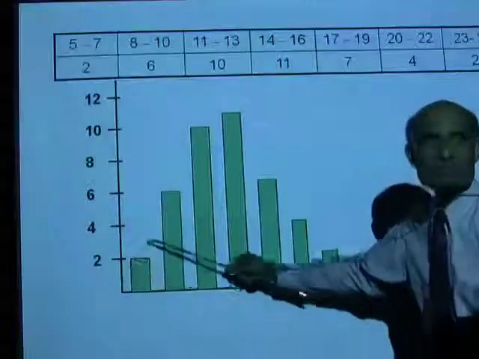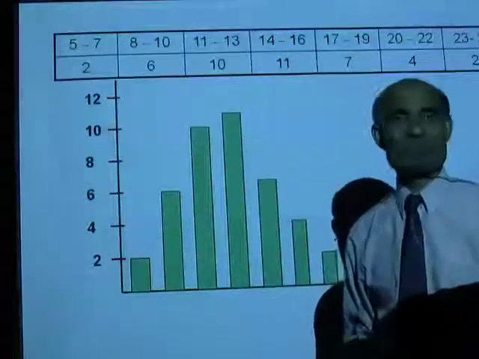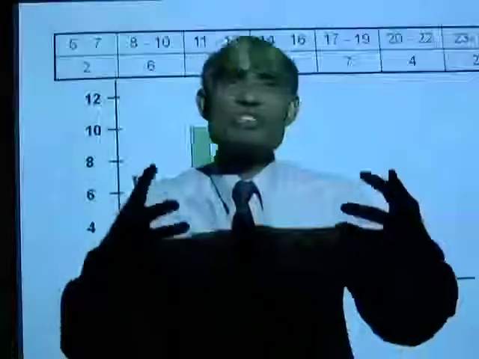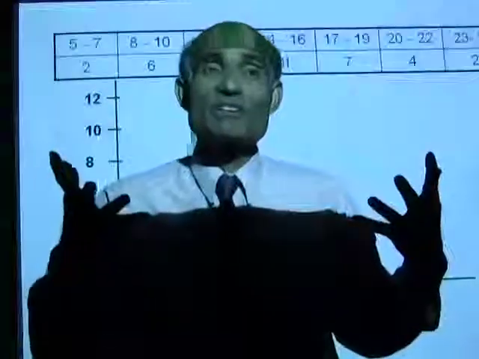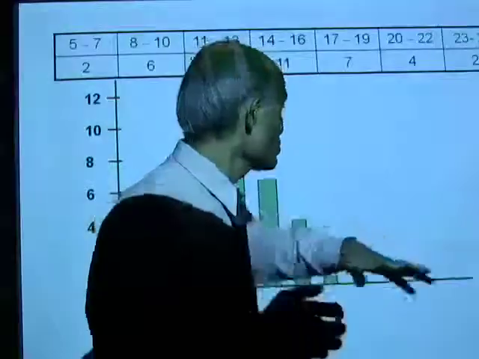Now look at the distribution. This is called a normal distribution. So we know that radioactivity is a spontaneous and random process, and it follows a normal distribution.